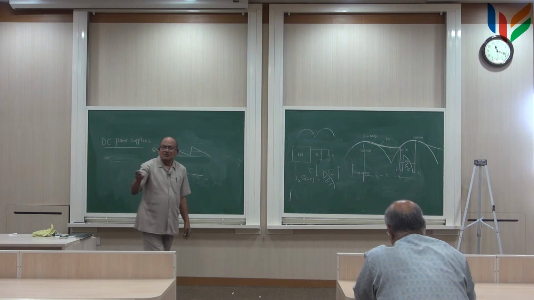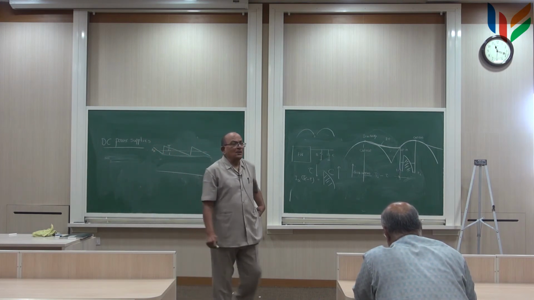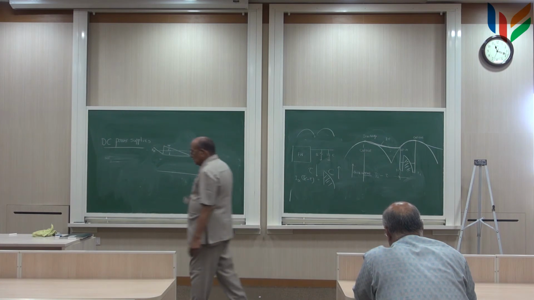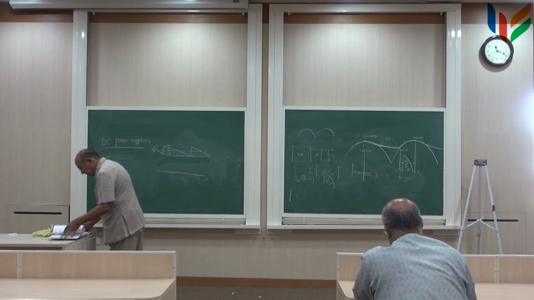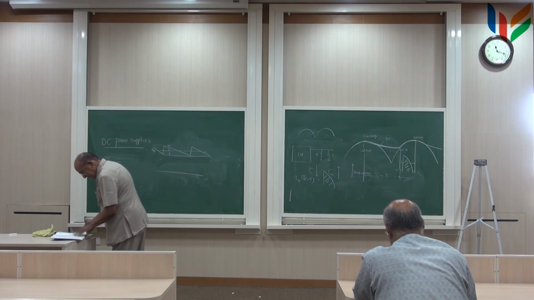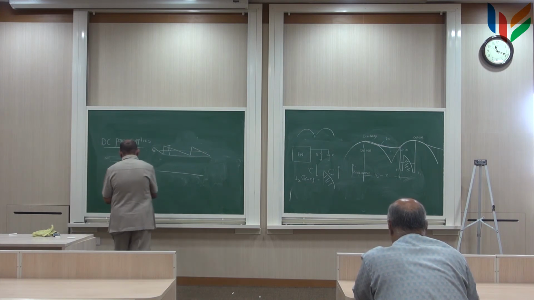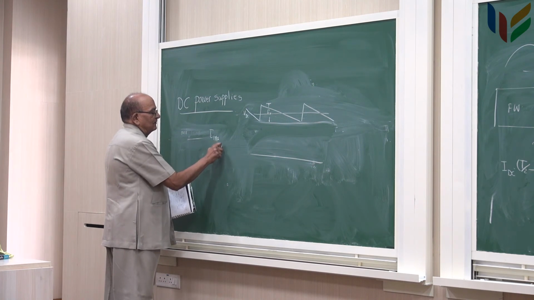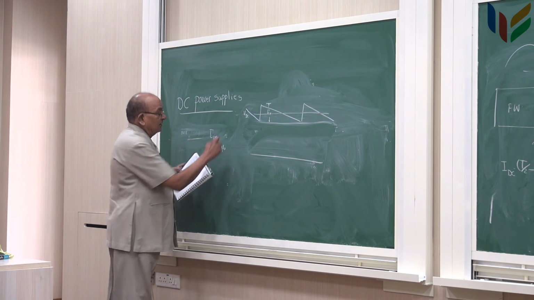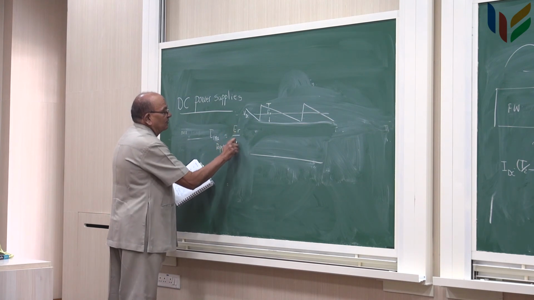This we have also done in the previous class, the RMS value of a triangular waveform, and using that result it comes out to be ERMS ripple equal to ER by 2 root 3.